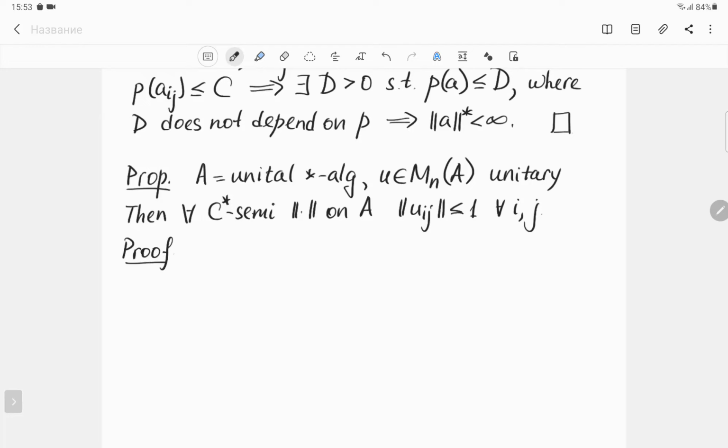To prove this proposition, we observe that, first of all, we may assume from the very beginning that A is a C-star algebra, because if it is not, then we replace A by the respective C-star algebra A_P.